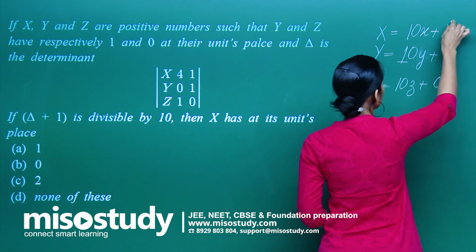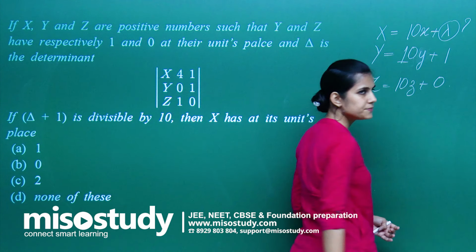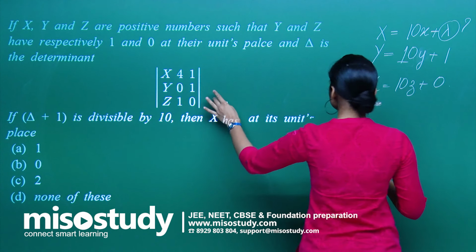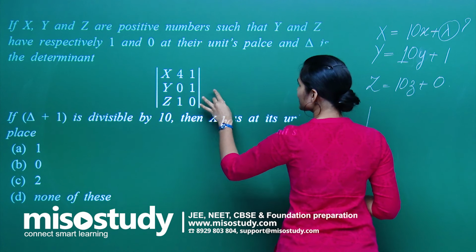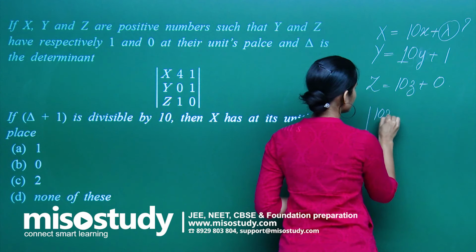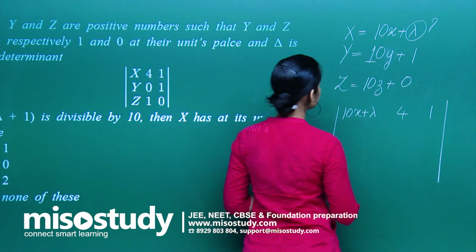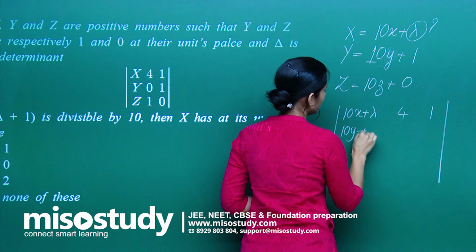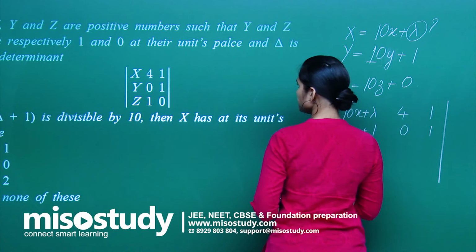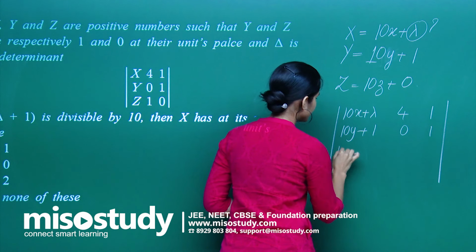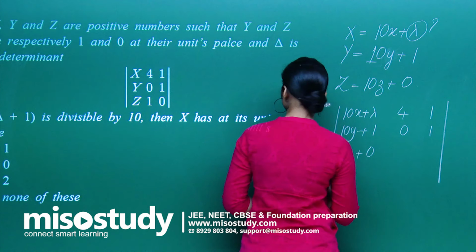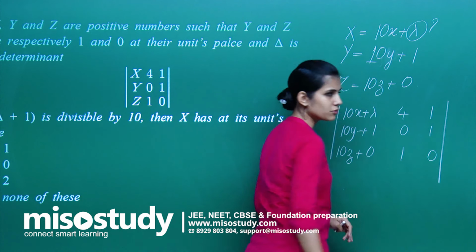Fine, I need to compute this lambda. Now this determinant is actually capital X 4 1, but capital X is 10x plus lambda, 4, 1. Capital Y 0 1, so 10y plus 1, 0, 1. And Z 1 0, Z is 10z plus 0, 1, 0.